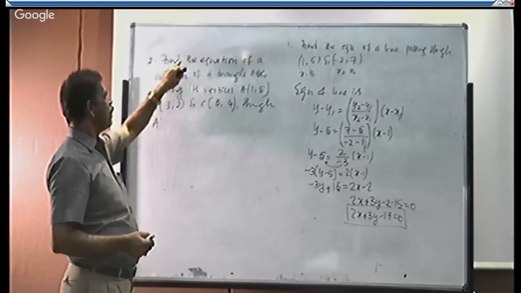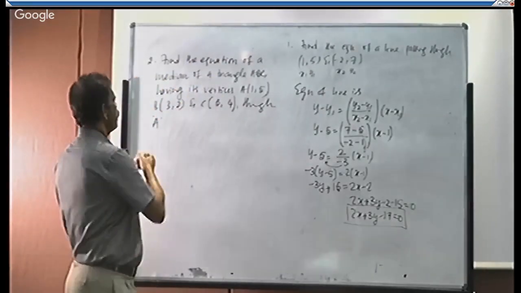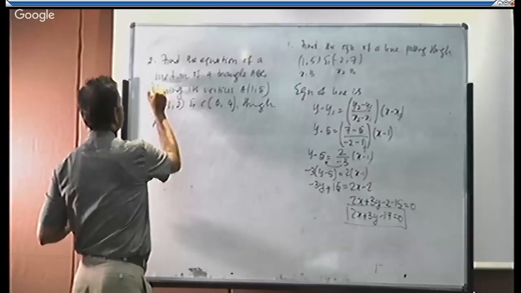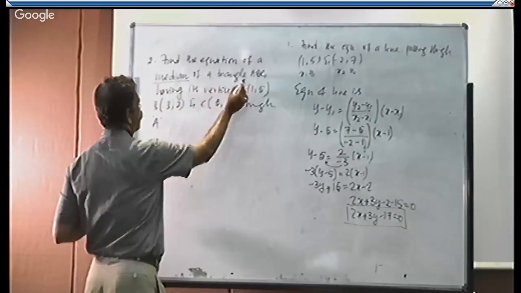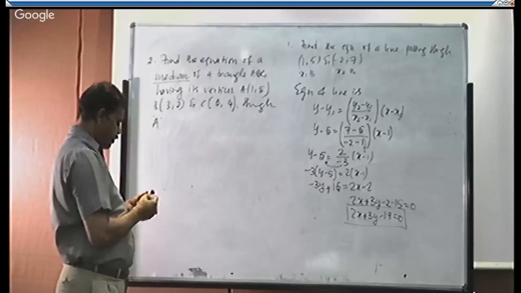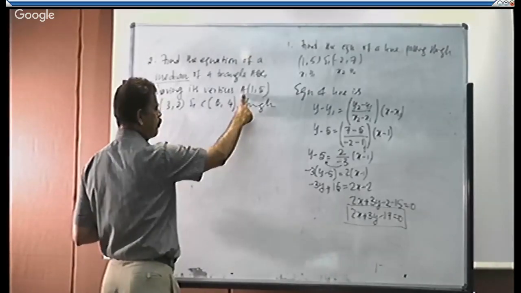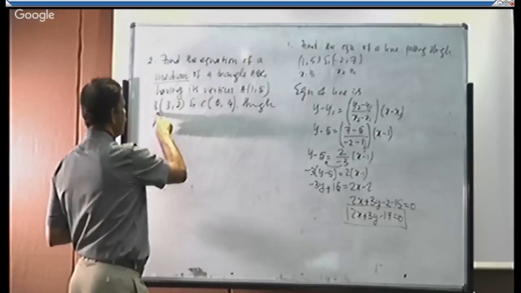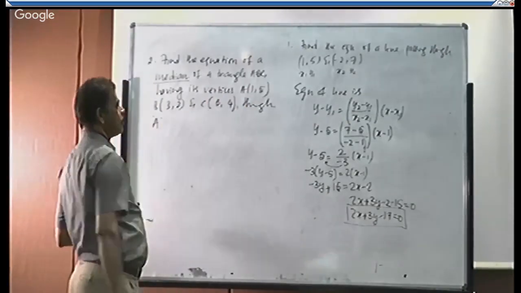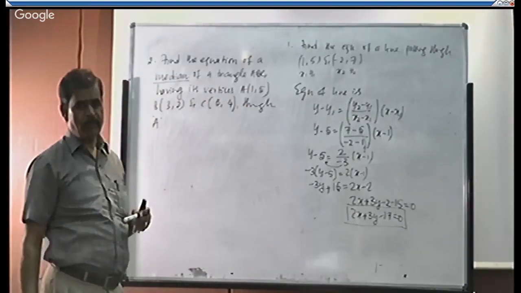Find the equation of a median of a triangle ABC having the vertices, the corners of the triangle, whose coordinates are: A is 1, 5, B is 3, 2, C is 5, 4.